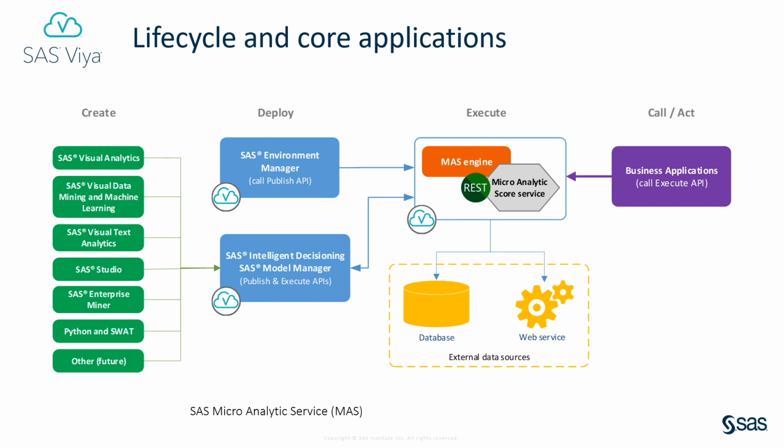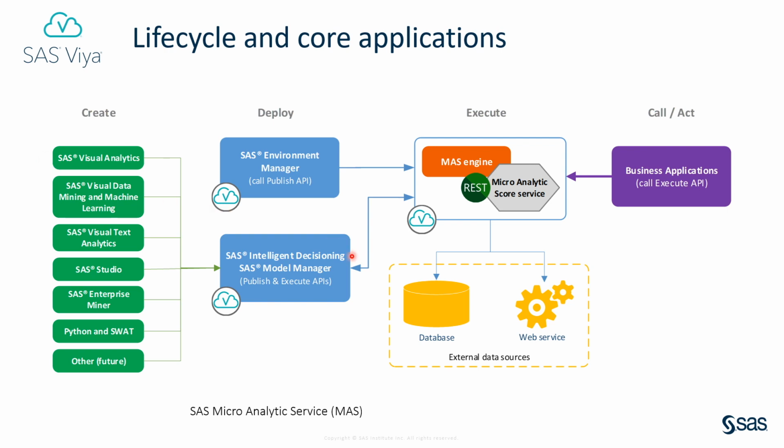So if we have a look at the lifecycle and the core applications that interact with MAS, or the SAS Micro Analytic Service, we have this illustration here. Across the top, we can see the 4 key phases of the lifecycle. In the create phase, there are a number of tools that you can use to create the models and decision flows, which are highlighted in green here.